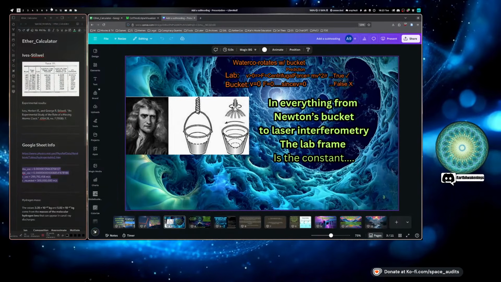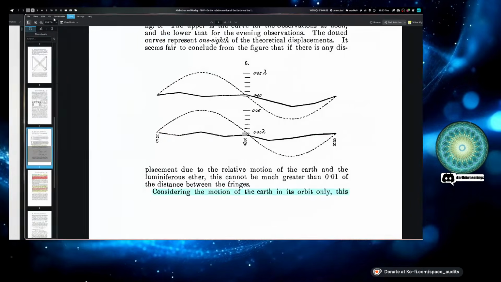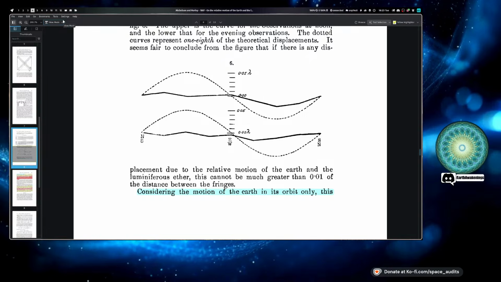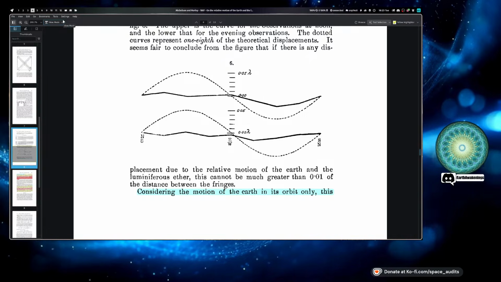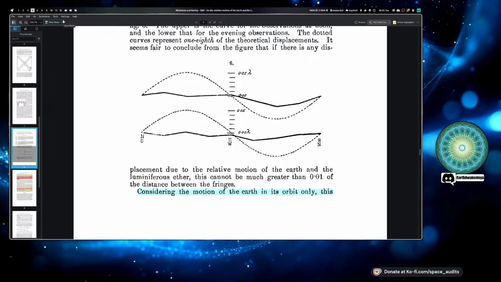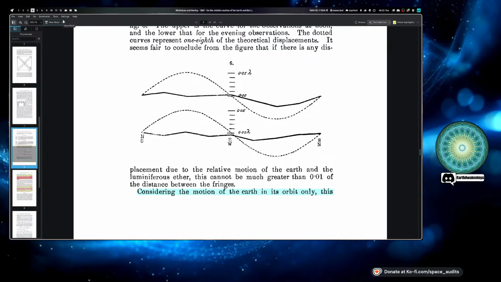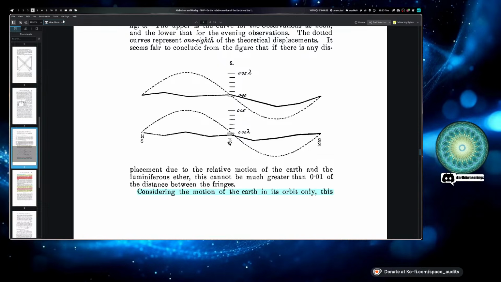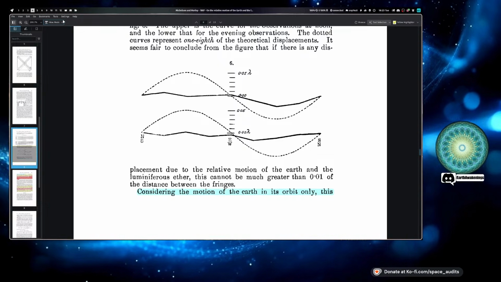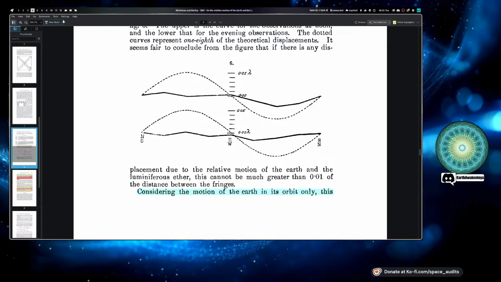Let me show you a more detailed slide with the math, but basically it's the equation for centrifugal force. When you apply the motion with respect to the lab frame, you predict that the bucket's in motion and there's going to be a vortex produced by the motion.